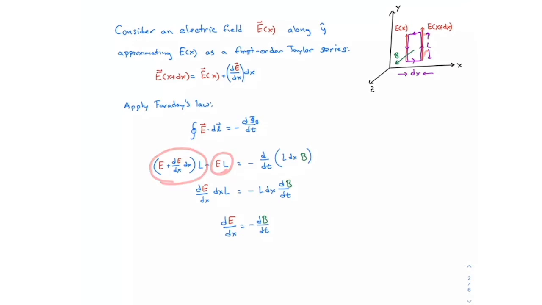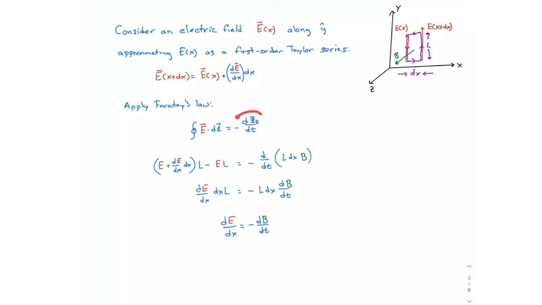And the second term comes from integrating the electric field, which points up, times the length, which points down, hence the negative sign on the left side of the loop. So we get on the left side of Faraday's law just this. The rate of change in the x direction of E times dx times L. Right? We had an L here and a dx there.